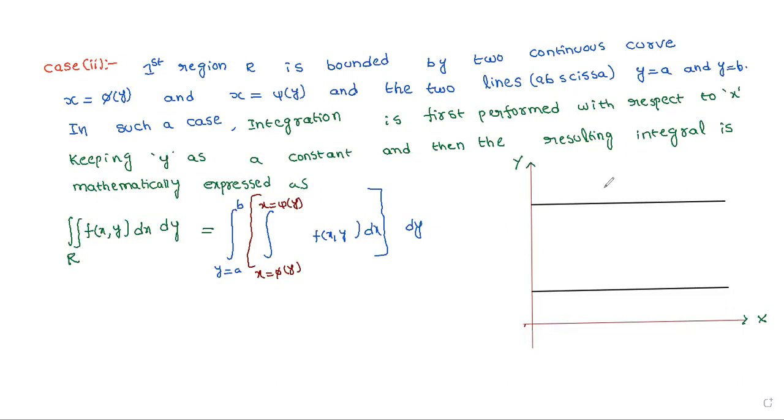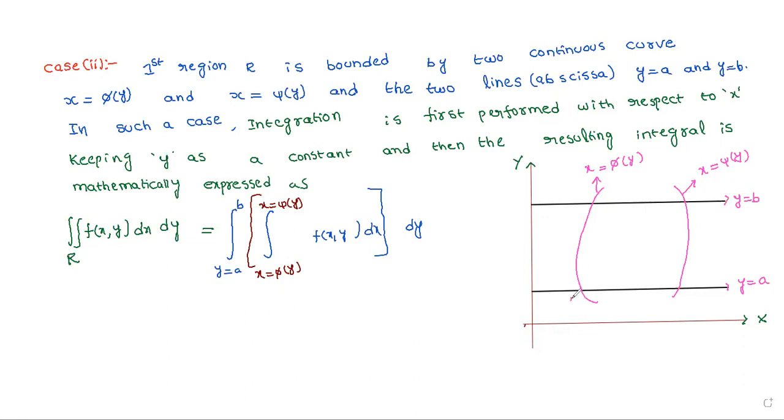So two curves. This is one curve, this is another curve. This is x equal to pi of y, x equal to psi of y. And y equal to b, y equal to a, these are two straight lines.